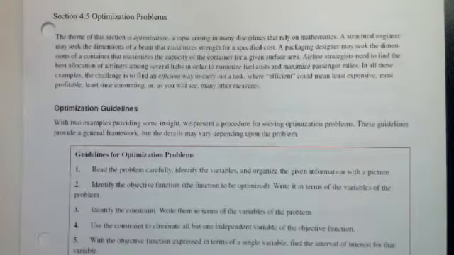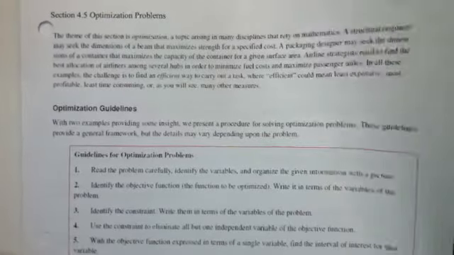This deals with the material that we talked about back in section 4.1 when we were dealing with maxima and minima, and also finding increasing and decreasing, which will help us determine local maximum and local minimum. We're applying all of that to these problems that deal with optimization.